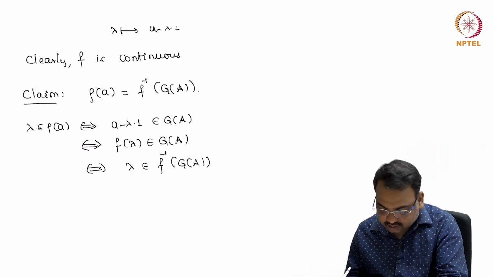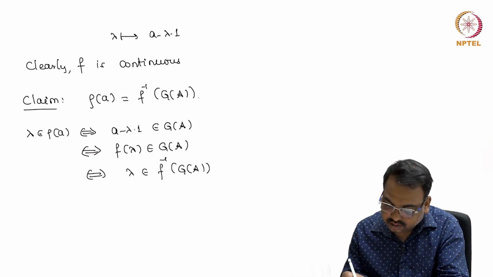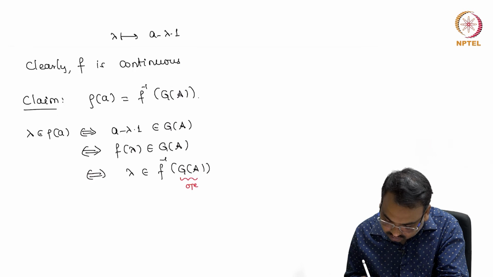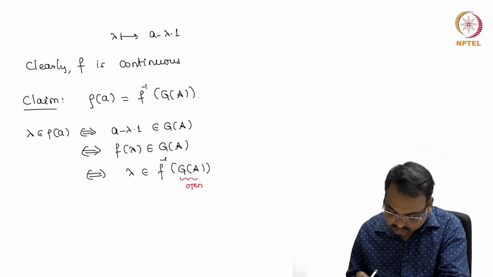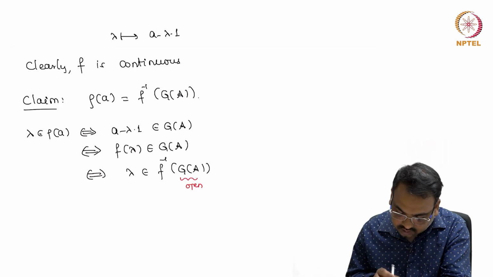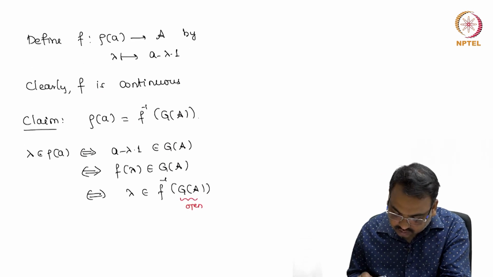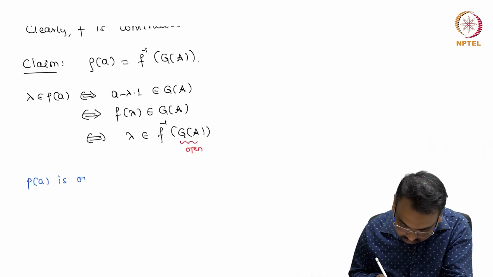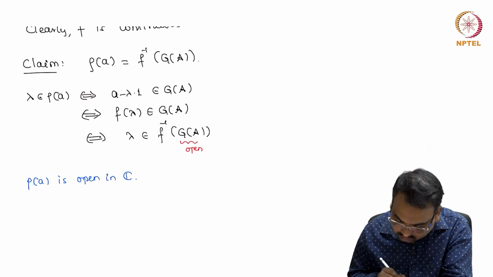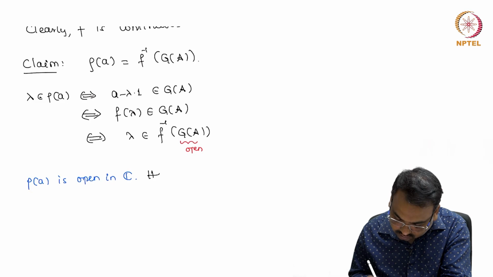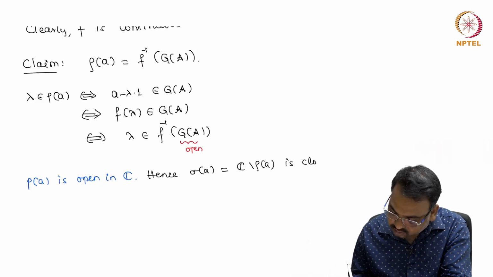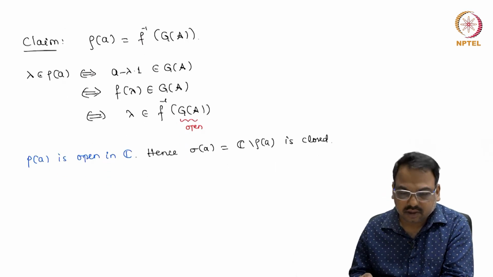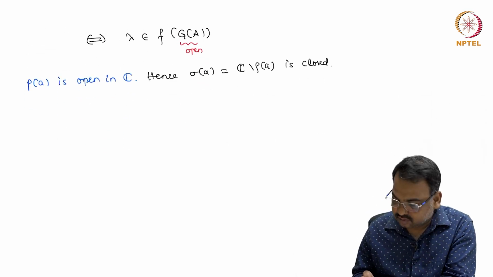Since F is continuous and G of A is open, this set is open, because the inverse image of an open set is open under a continuous map. So the conclusion is that rho of A is open in C. Since the spectrum of A is nothing but C minus rho of A, it must be closed. So we have shown that the spectrum is a closed and bounded subset of C. It is also non-empty.